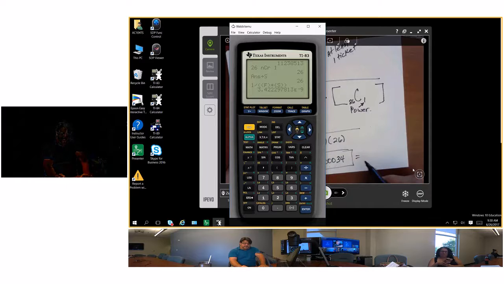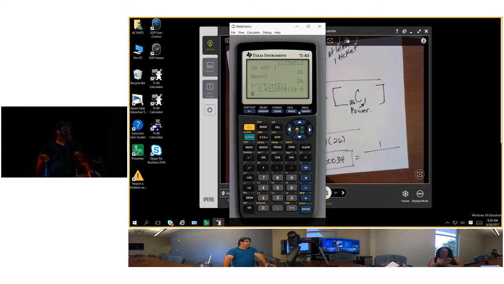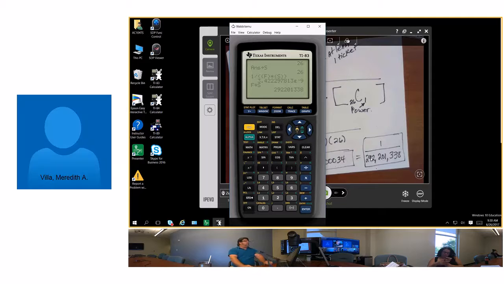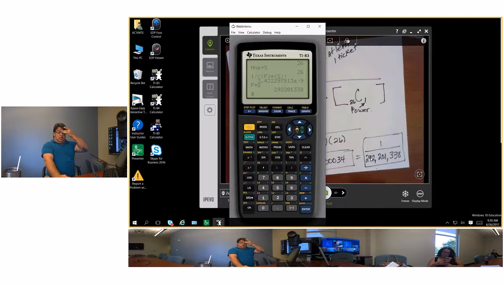Now, if you want that in fraction form, it would be 1 over, and then we just multiply alpha F times alpha S: 292,201,338. Now, who's smarter?